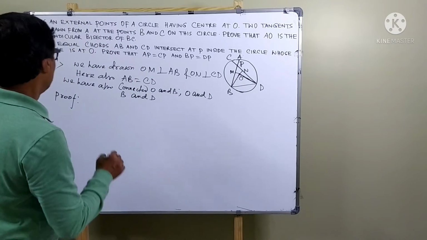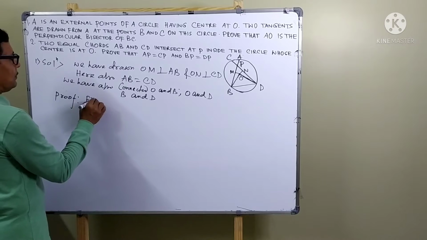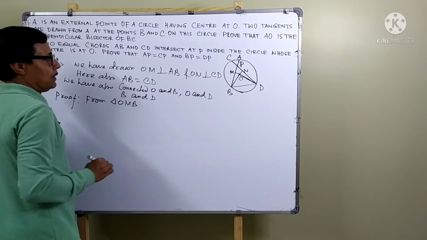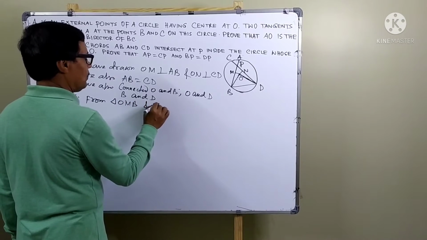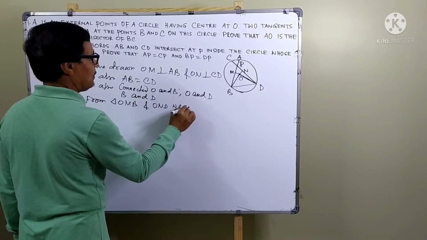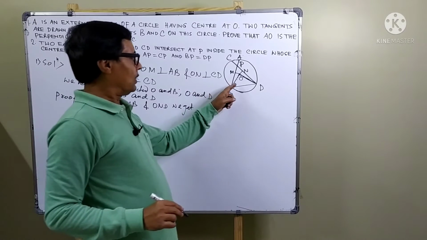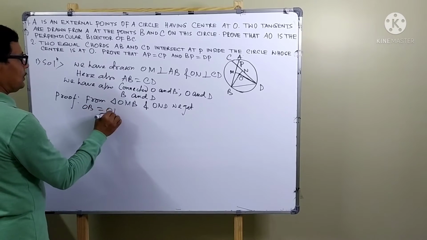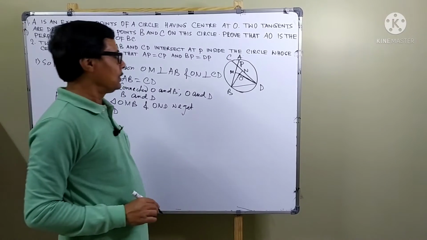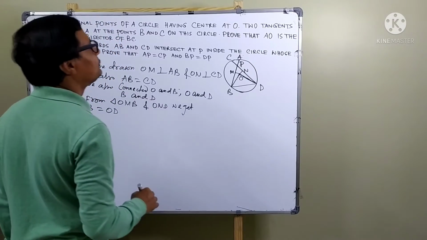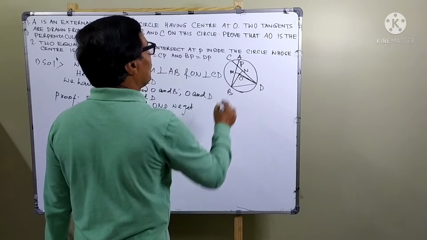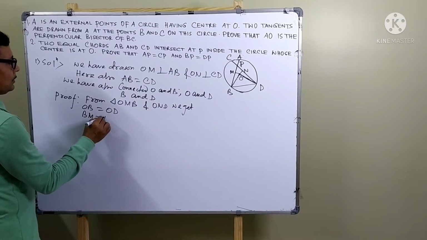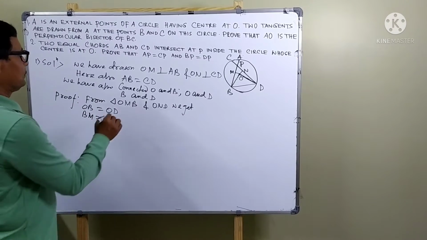From triangle OMB and triangle OND, we get OB equal to OD, and BM equal to ND.